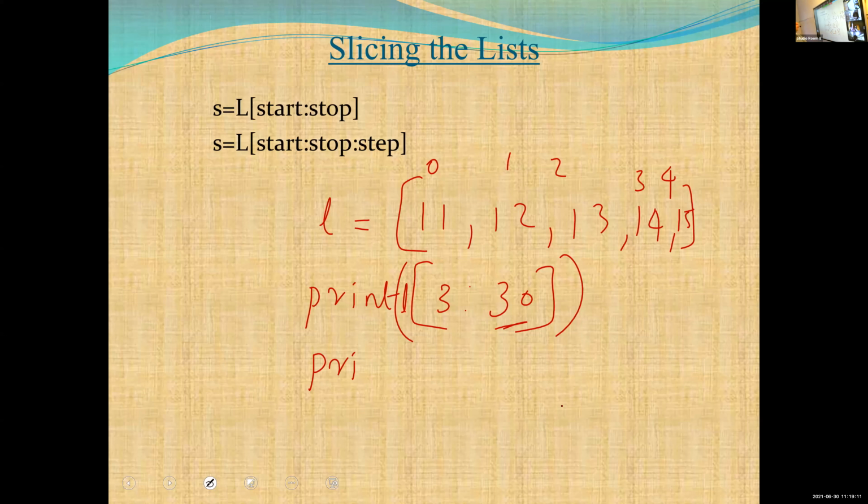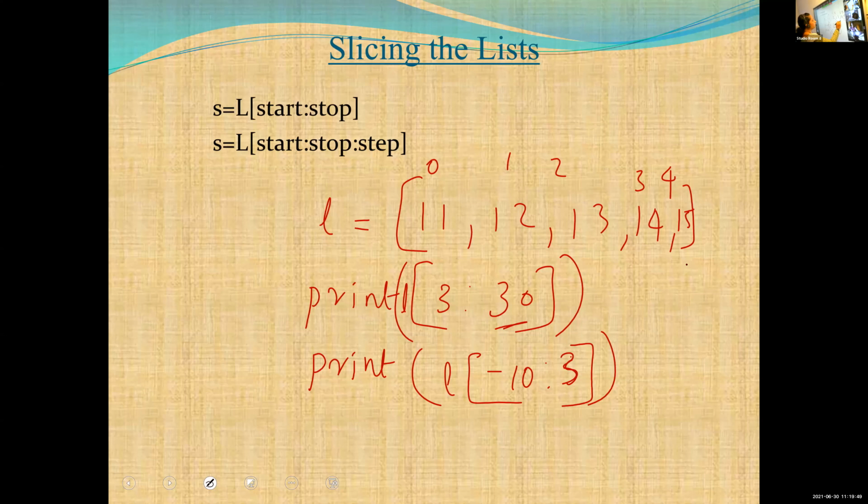Alvin, what will be the output? Minus 10 is the start value and 3 is the stop value. Then what is the indexing here, Alvin?